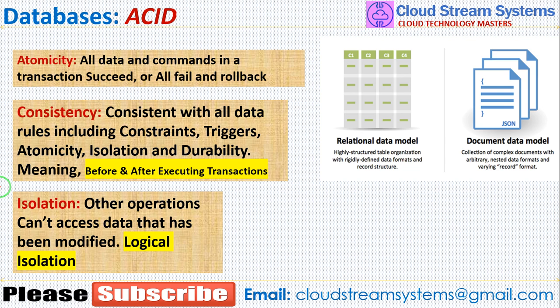Whatever transaction you are making should not be impacted by other transactions. That is what isolation means: independent. This is called logical isolation. That means irrespective of the transactions happening, they do not impact each other. Those are isolated.